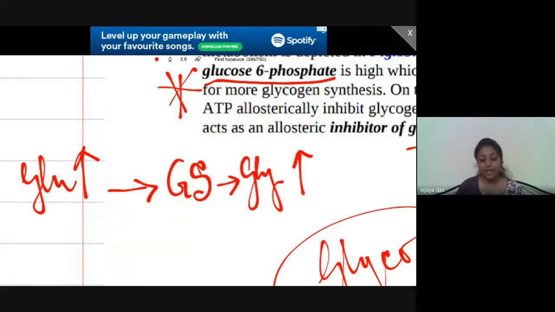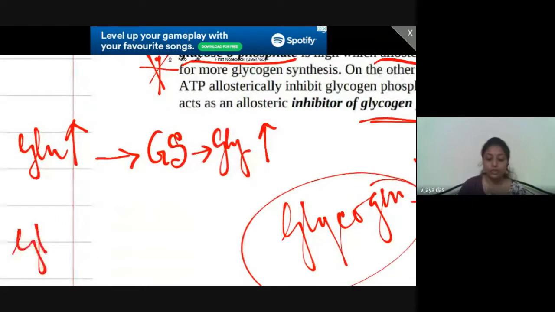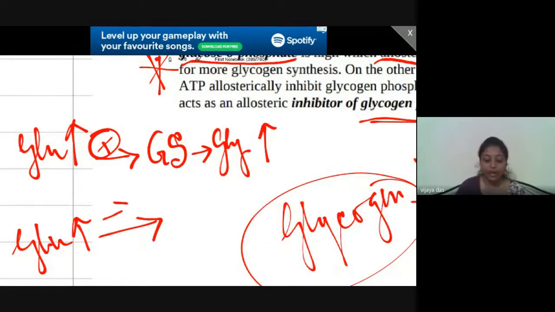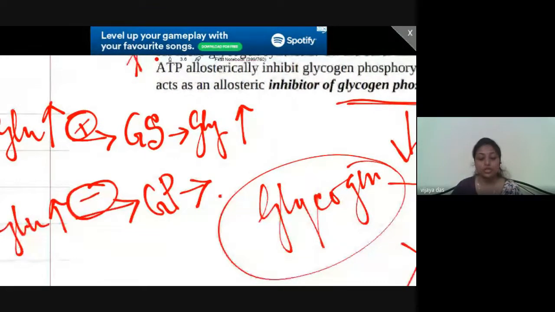Correct? Simultaneously, if a larger amount of glucose is present, then it is going to trigger glycogen synthase positively. If more glucose is present in the blood, it is going to bind allosterically, but to inhibit glycogen phosphorylase. So ultimately, your glycogen is not breaking up, so your glycogen concentrations are high.